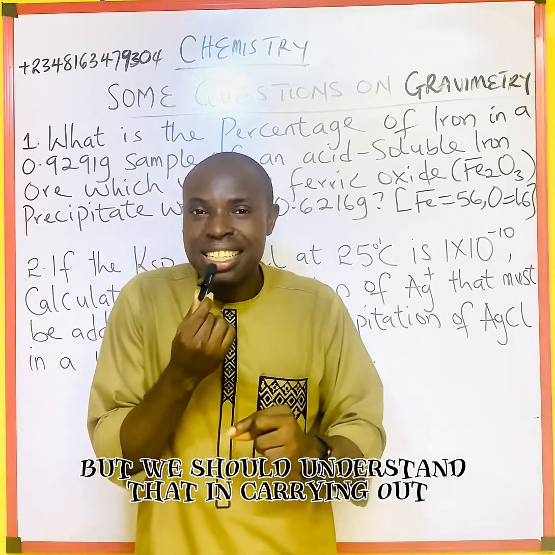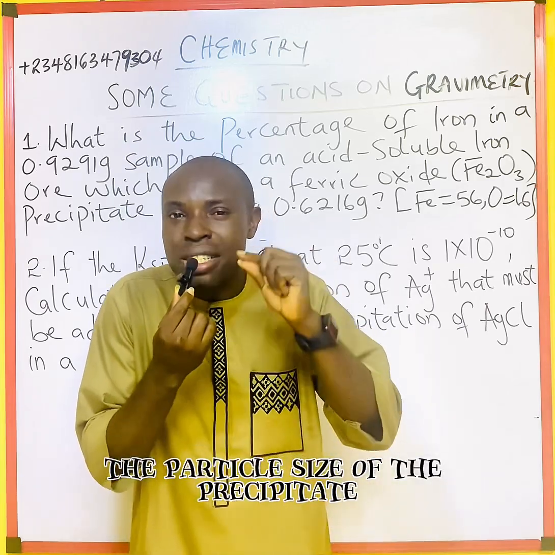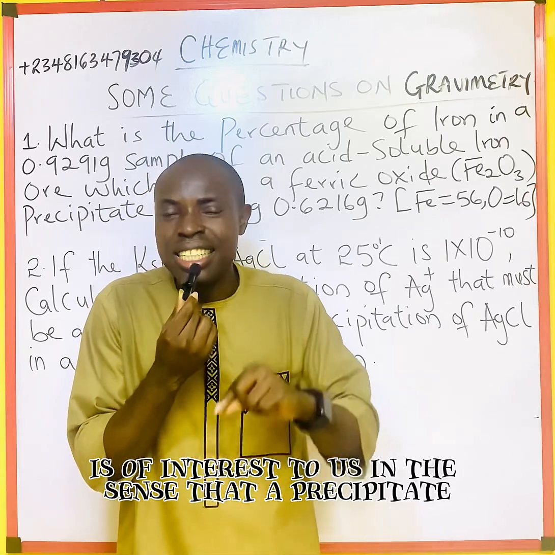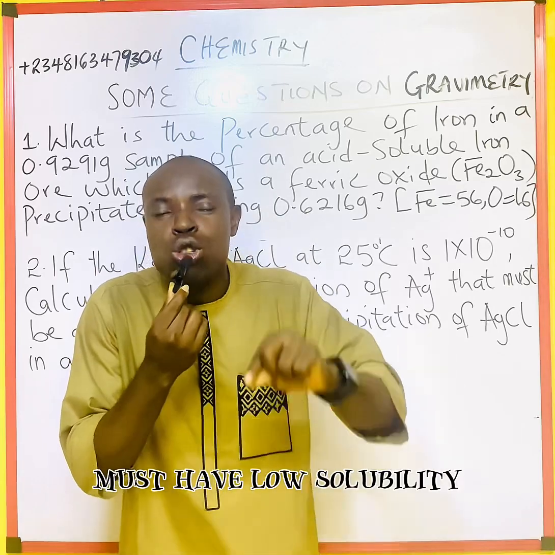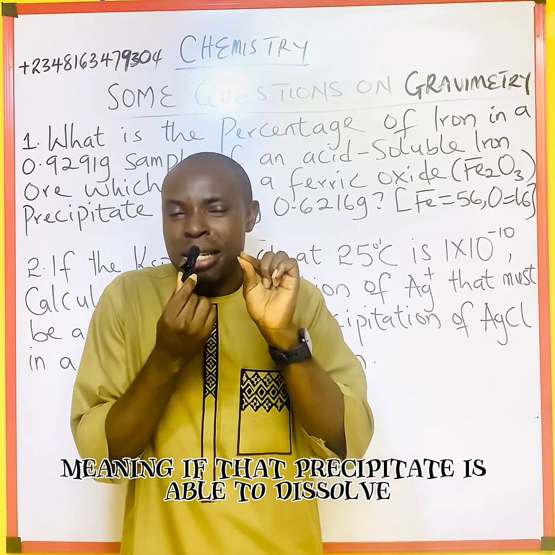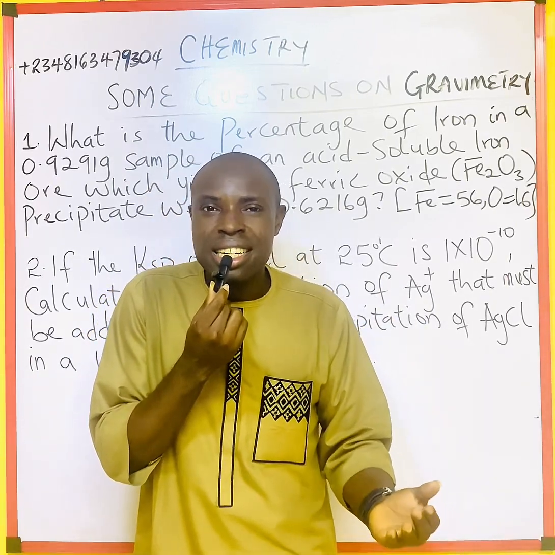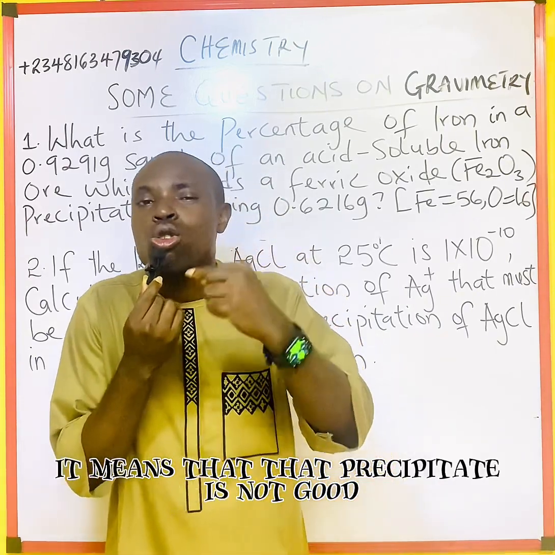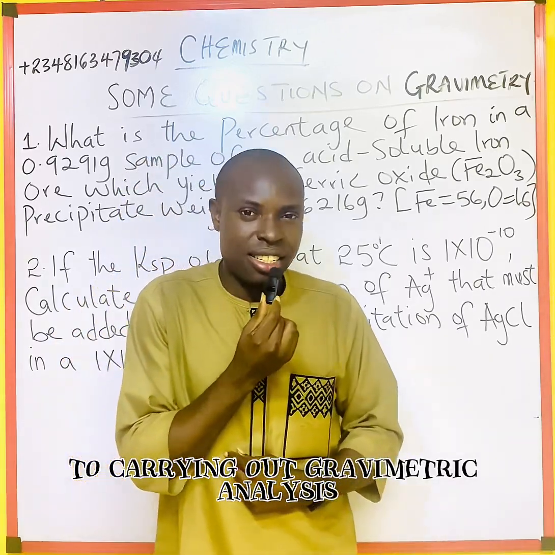But we should understand that in carrying out gravimetric analysis, the particle size of the precipitate is of interest to us, in the sense that a precipitate must have low solubility. Meaning, if that precipitate is able to dissolve in water, it means that that precipitate is not good for carrying out gravimetric analysis.